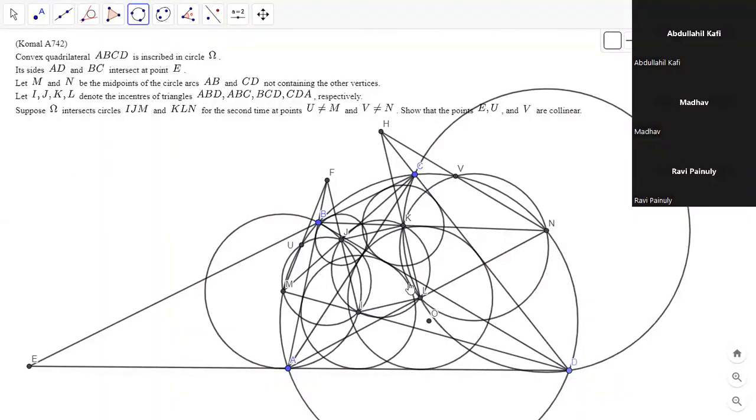Yeah, because then a homothety, well, is F, homothety F takes this circle to this circle, and homothety H takes this to this. And a spiral similarity takes UJI.